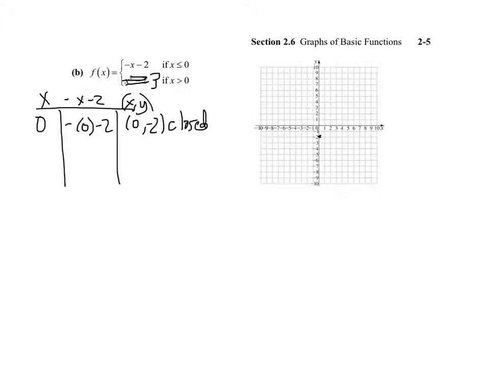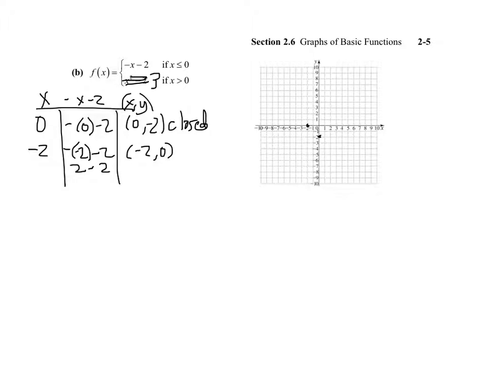All right, let's pick something else that is less than 0. Maybe something like -2. So if I were to copy this down, put a parenthesis where my x was, and now plug the -2 inside, notice what happens. I have a -2. That turns into +2 minus 2, which is 0. I'm going to have the point -2, 0 on my graph.